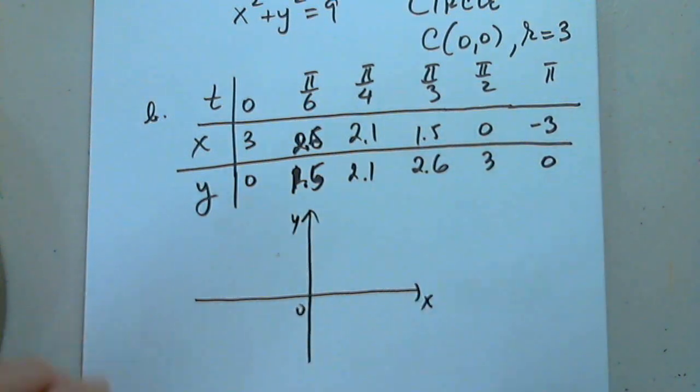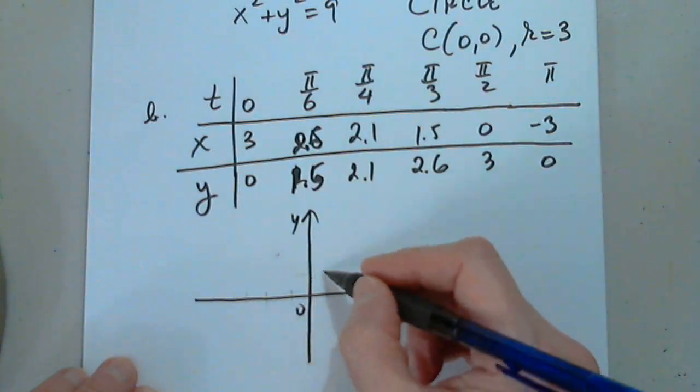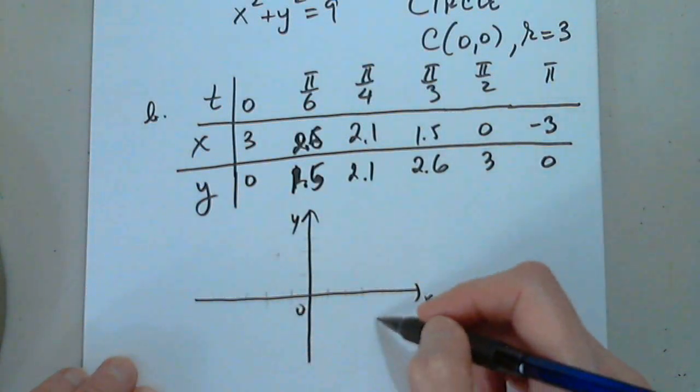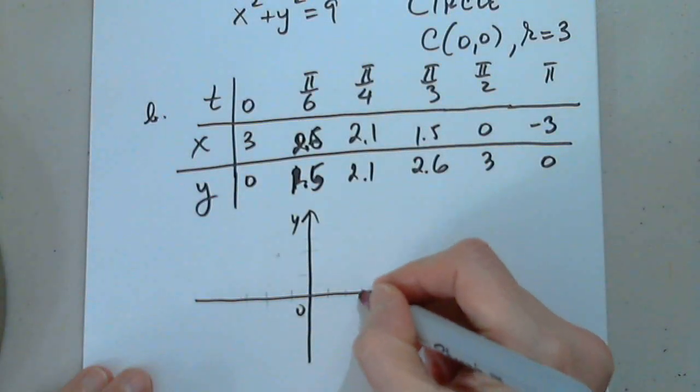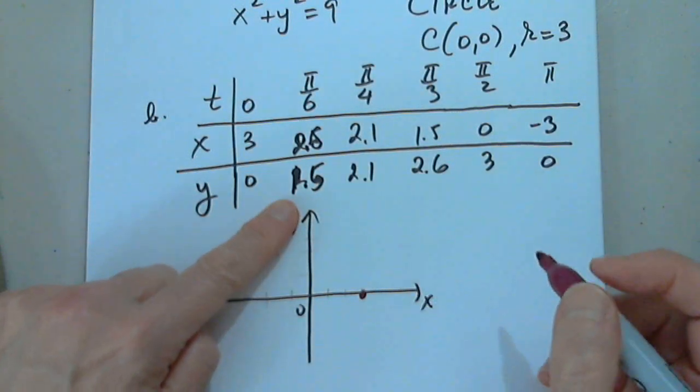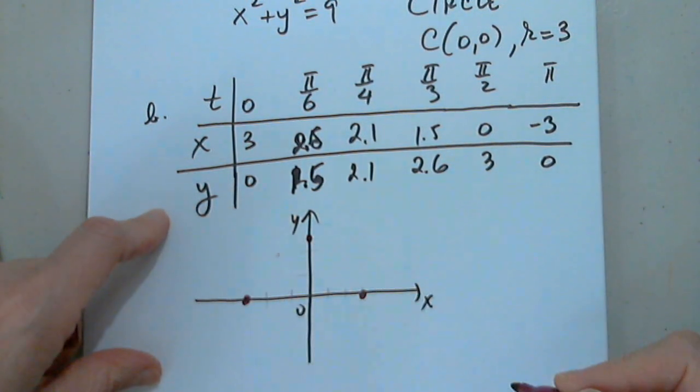So I know how to graph this. It will be this circle, but I have to follow the parameter. The parameter is only from 0 to pi. So of course, we start at (3, 0). We'll continue with (0, 3), and we go to (-3, 0).